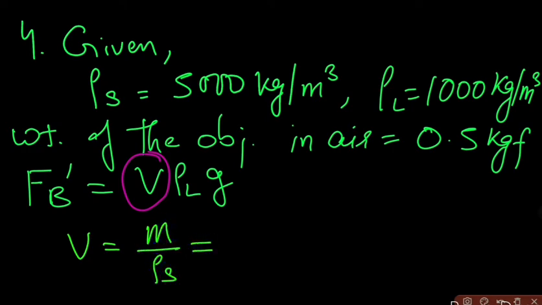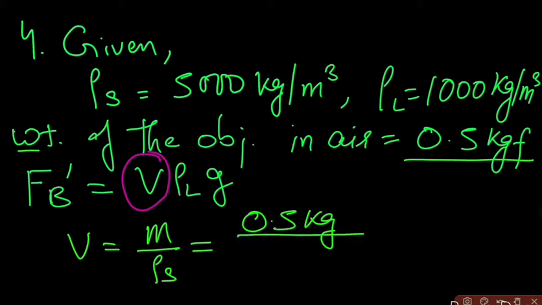Now to find the volume, we will replace the values of m, which is 0.5 kg. Since the weight is given, which is 0.5 kgf, therefore the mass will be 0.5 kg upon density of the solid, which is 5000 kilogram per meter cube.